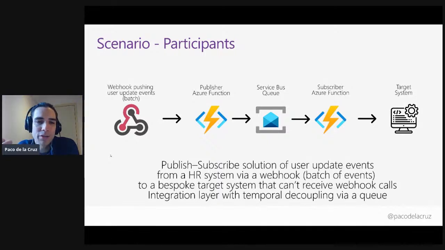And then we have a subscriber Azure Function that is listening to this queue, subscribing to these events, and then pushing these events to the target system directly into the database, right? So this is more or less the scenario. Again, we have a publisher of events, publishing via webhooks, and then we have a target system that is not able to receive these events, and then we have an integration layer, which is Azure Functions and Service Bus for temporal decoupling.